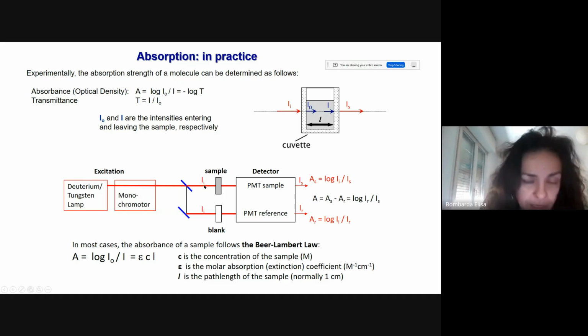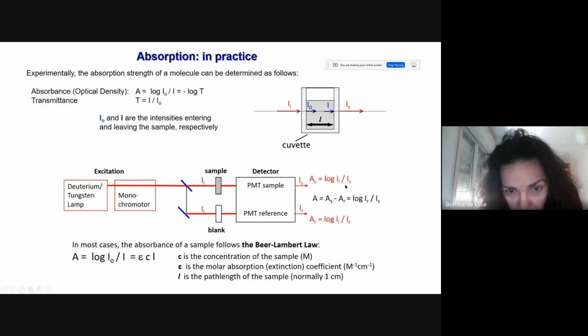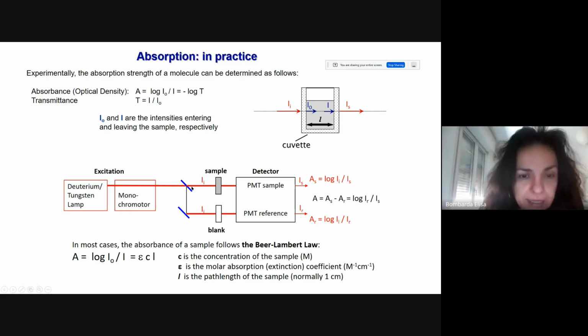You normally measure the spectrophotometer with nothing inside, so you just measure the beam, and you practically regulate your zero, because as I said, here you separate the beam, and in principle, ideally, you are expected to have the same intensity in both channels. But it's not really exactly the case.